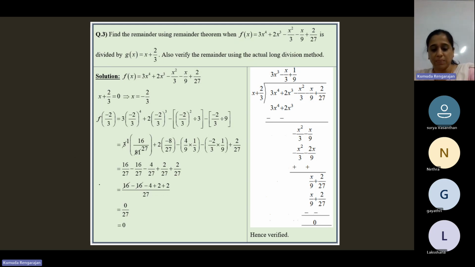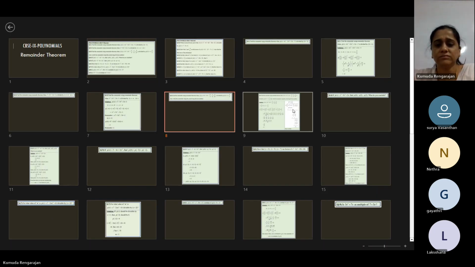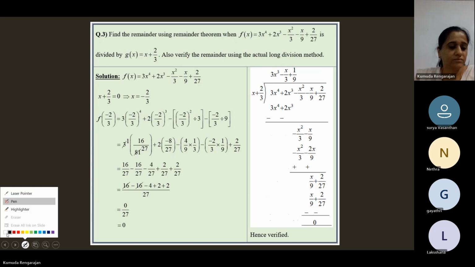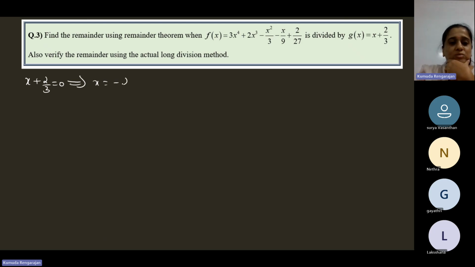So see here. All right. So x plus 2 by 3 is equal to 0 implies x is equal to minus 2 by 3.